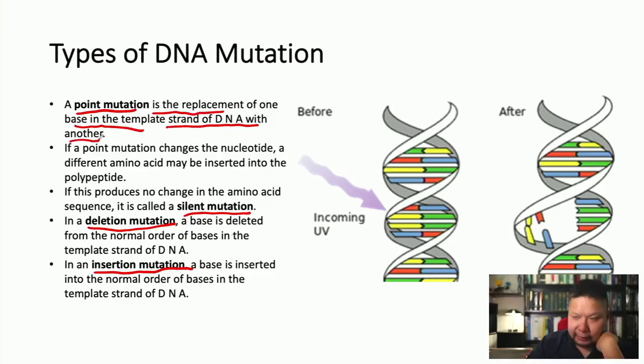So, say it was supposed to be a thymine, but it got replaced with a guanine, and then you have a point mutation. We actually do that a lot in molecular biology because we want to be able to do activity assays on different proteins and figure out which amino acids are vital for the function of an enzyme.